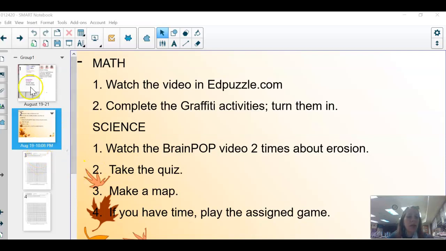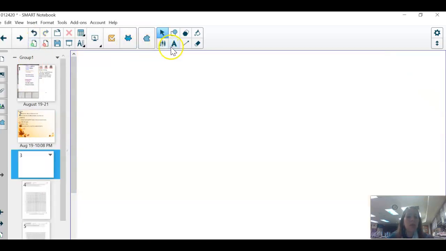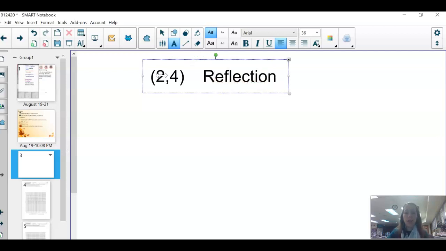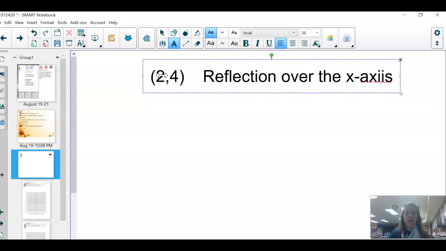Okay, so let's go ahead and start with the review question for today. So the review question for today had the coordinate 2, 4. And I wanted this reflected, so the reflection over the x-axis.